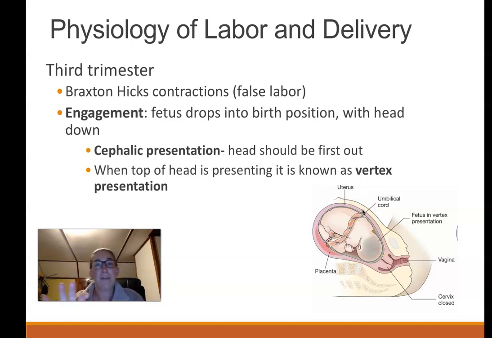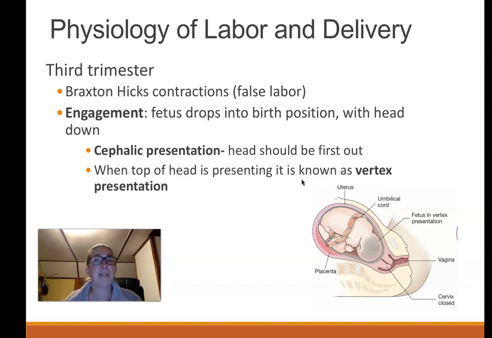We'll talk about if a baby is breech, if they're butt first or foot first, it's just more dangerous for delivery. The mom's body, the uterus, will also start preparing for labor by doing these sort of practice contractions. It's not uncommon in the third trimester to feel contractions known as Braxton Hicks contractions.